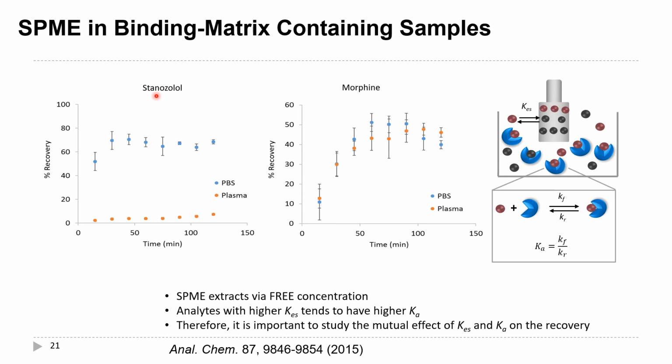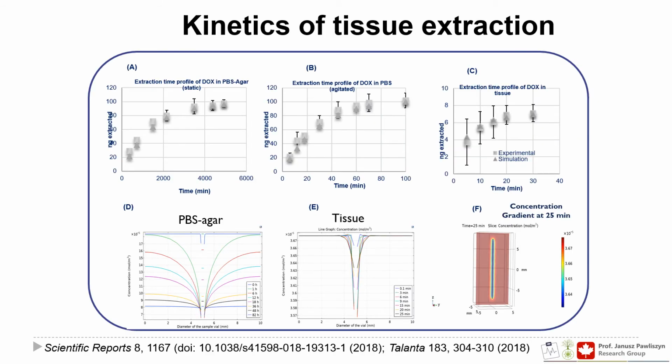However, for steroid, the situation is different. You have almost exhaustive extraction in PBS, but only a few % extraction from plasma. So that's a balanced coverage, allowing us to extract both hydrophilic and hydrophobic analytes about the same amount, within the range compatible with the coating property.